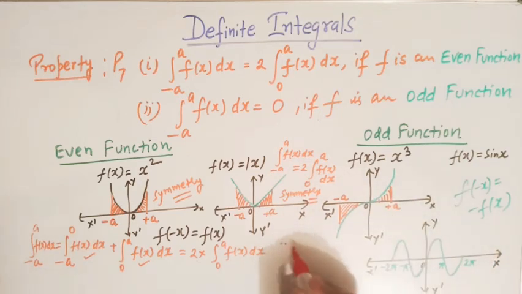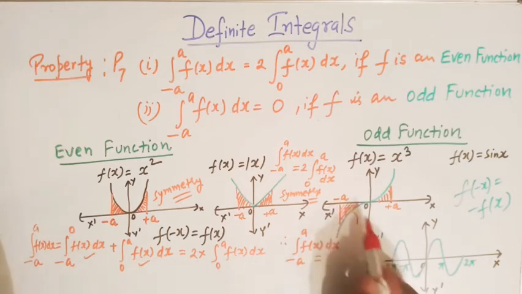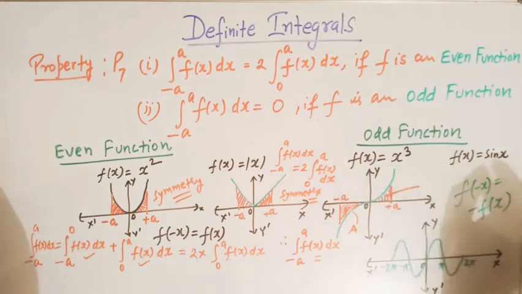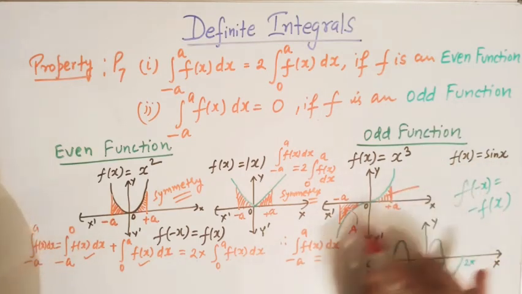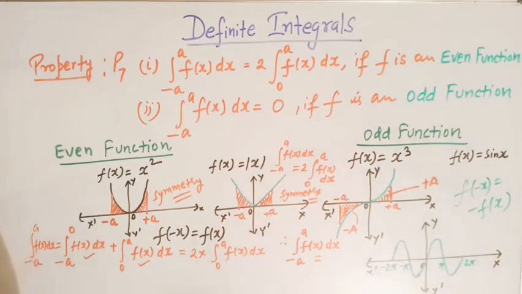So therefore here we have from minus a to a, f of x dx is equal to, suppose this area is minus a and this area is plus a, right?